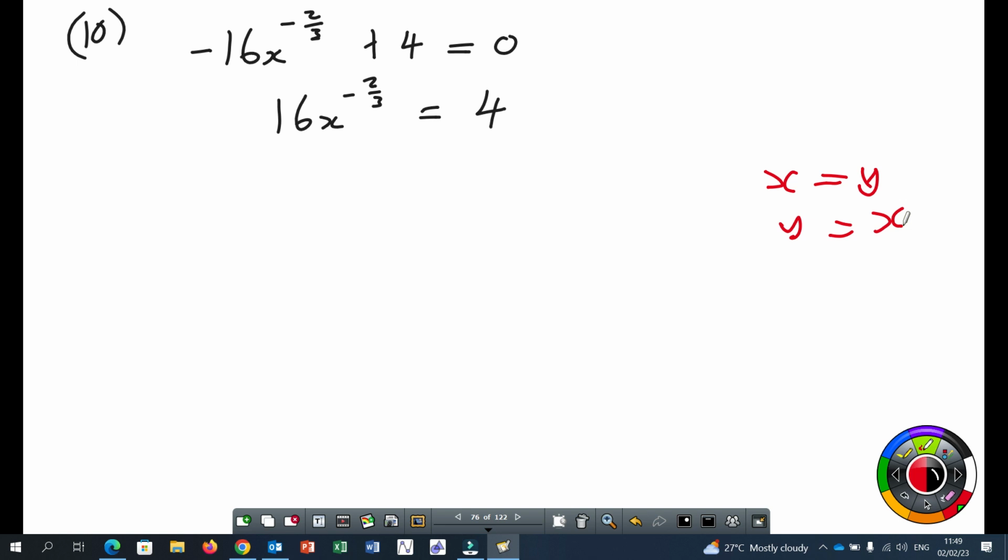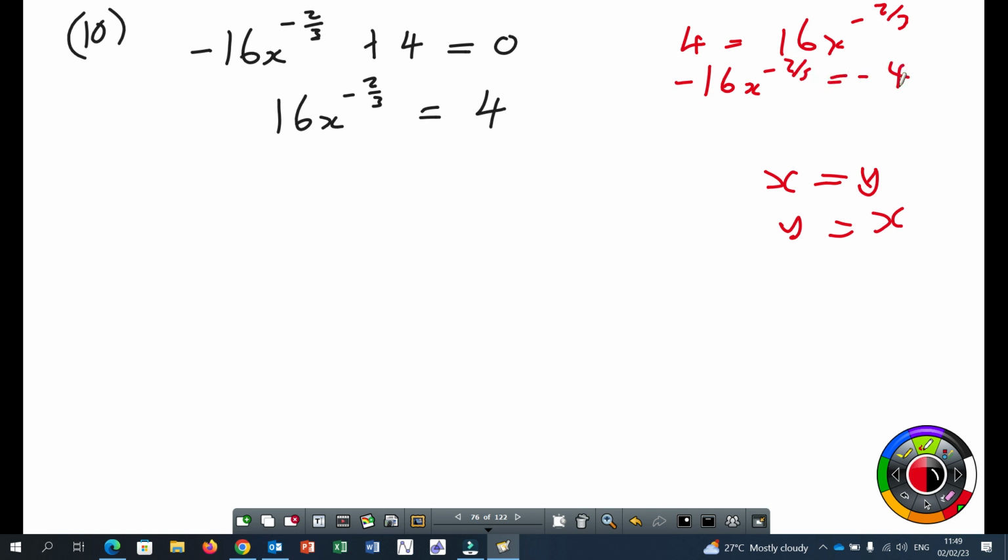Look here. If I take the minus 16x to the power of minus 2 over 3 to the right hand side, I will end up having 4 is equal to 16x to the power of minus 2 over 3. If I swap them, this is the same as minus 16x to the power of minus 2 over 3 equal to minus 4.